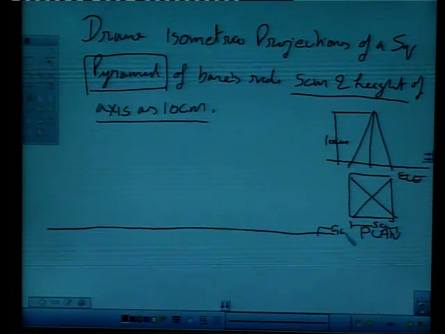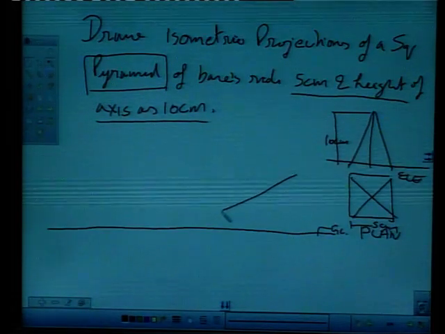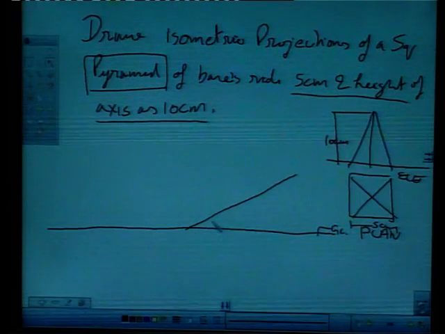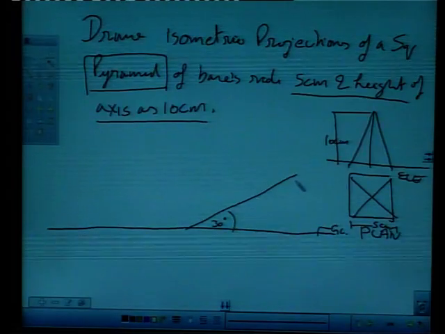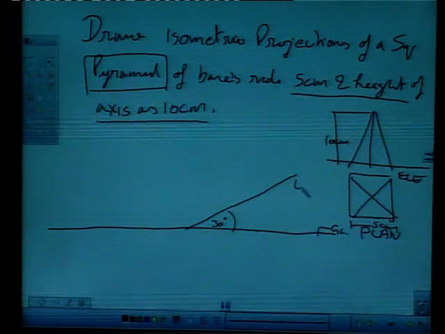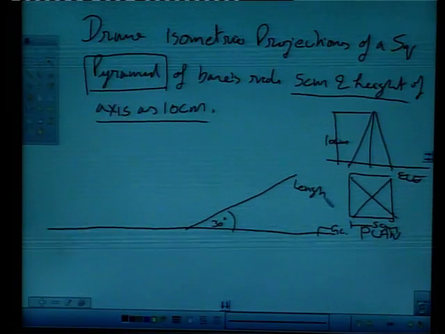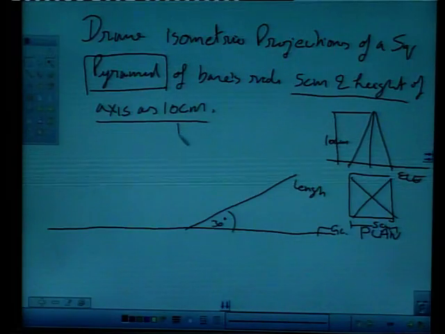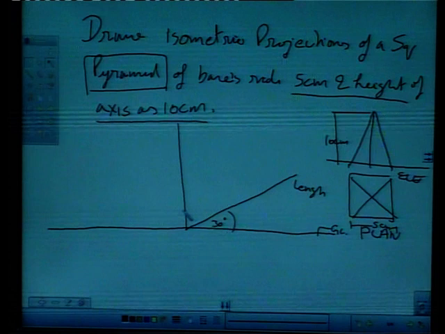On this we draw an inclined line at 30 degree like this. This is at 30 degrees and this line will represent lengths of the objects, and we will draw a second line perpendicular on ground line.